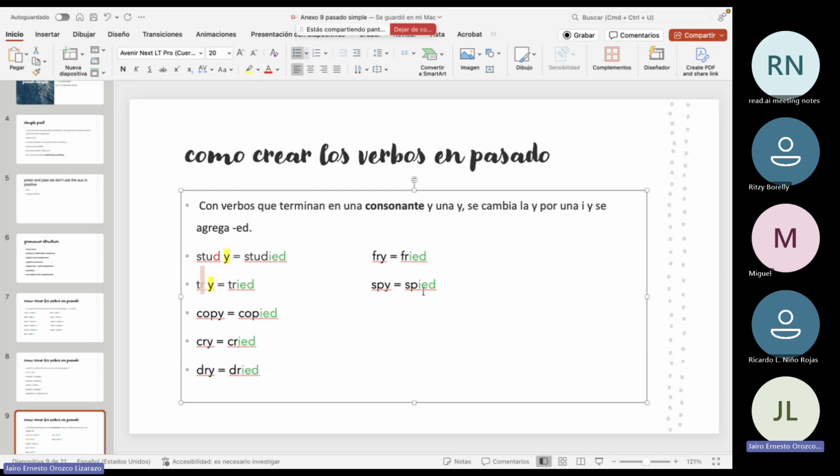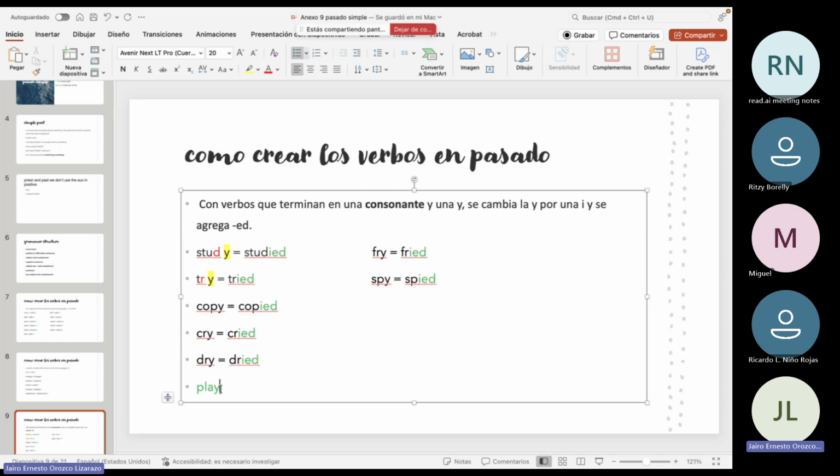For example, play, played, also ends with a Y, right? But before the Y, we have a vowel, which is an A, right? So in that case, we don't apply the same rule, right? We don't say playied, right?